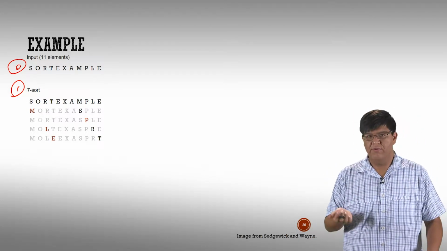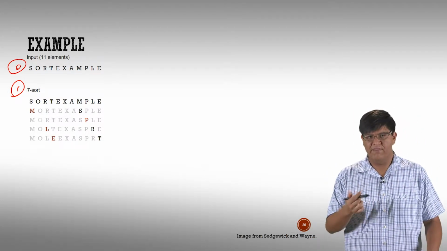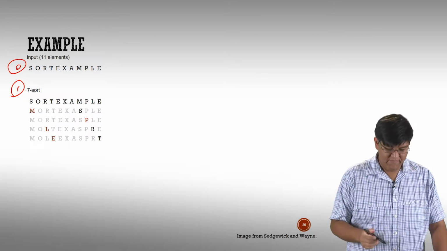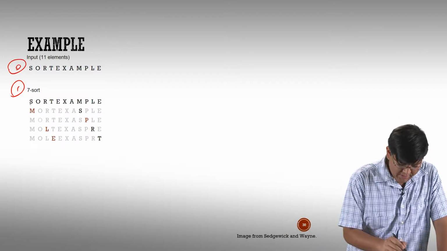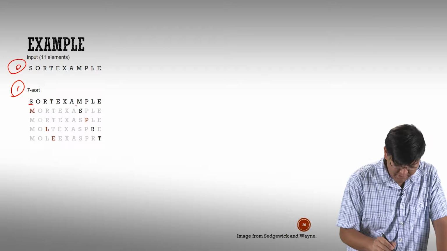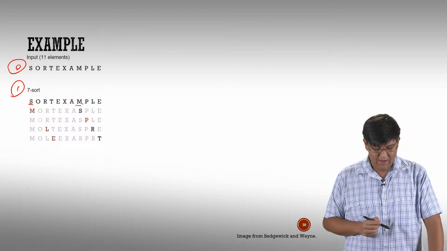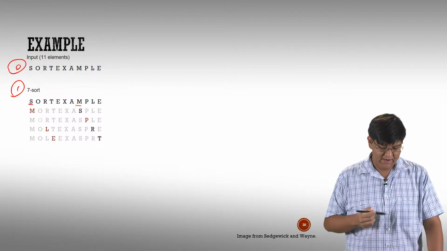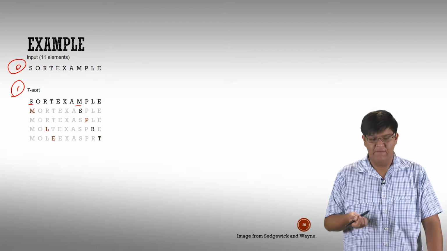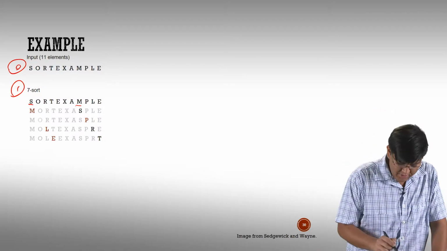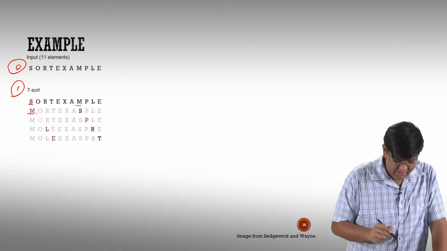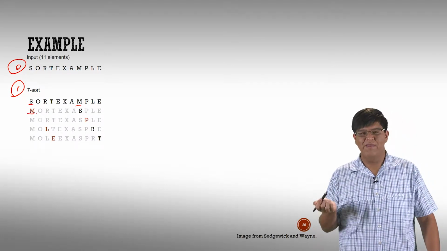A 7 sort means we're going to look at our inputs and compare elements that are 7 places away from one another. So over here, we're going to compare this first position with position 7. So we're going to compare S and M. In this case, they're out of order, so I flip them. In my notation, red is the final resting place of an element.